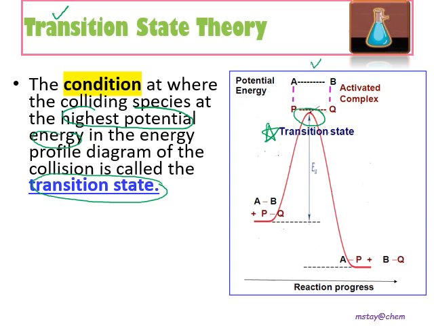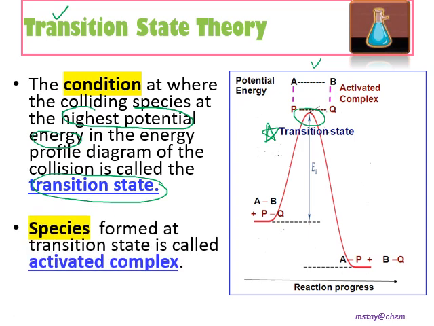However, the molecule at this transition state is known as the activated complex. So it refers to the highest potential energy here, but we have two terms. If it refers to the condition, it is known as transition state. But if it refers to the species, we know it as activated complex.